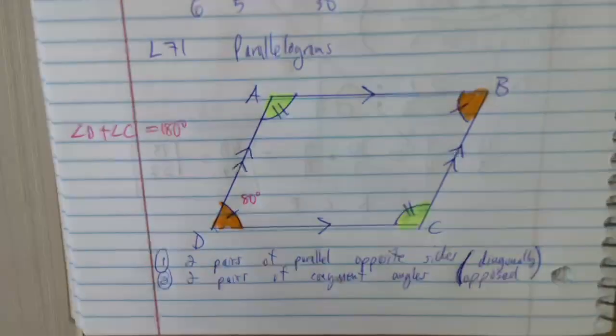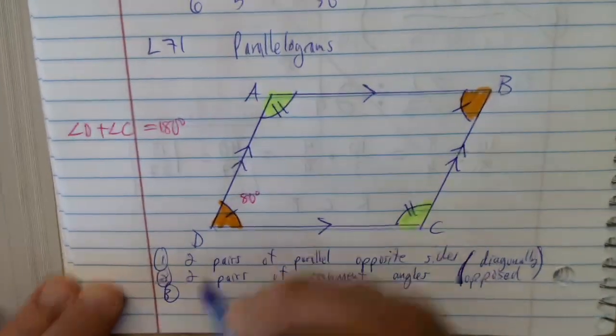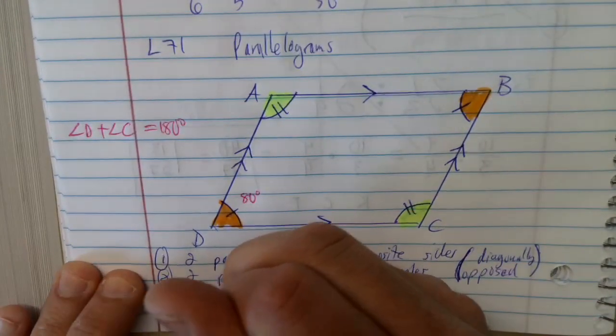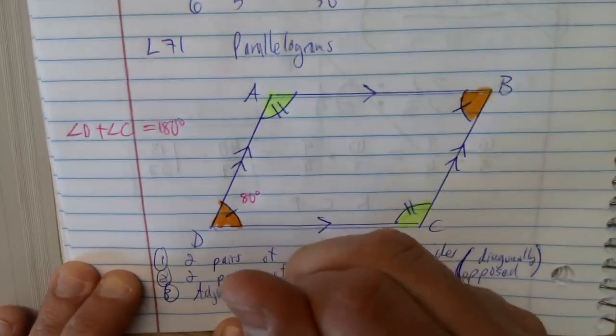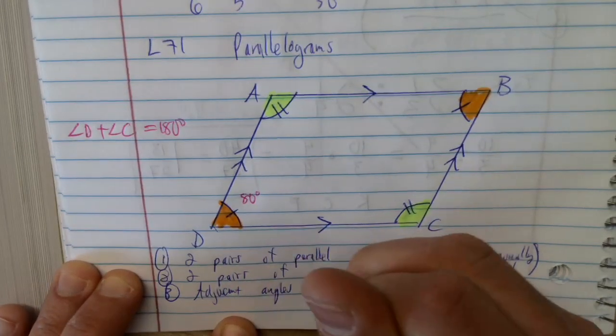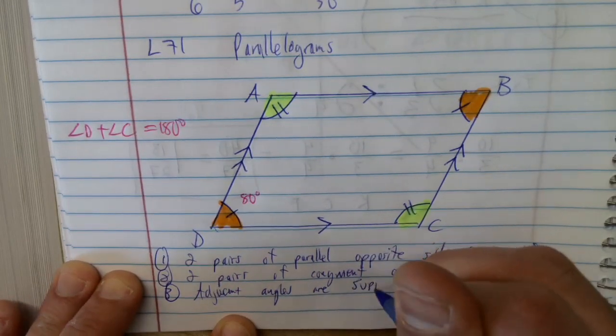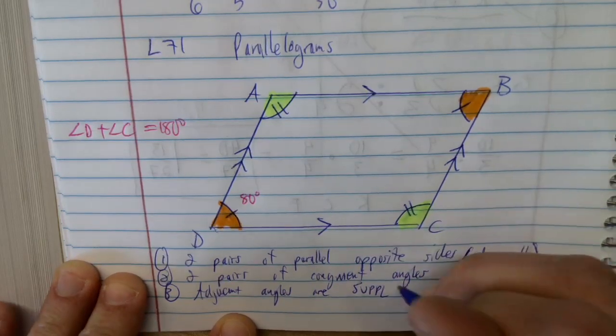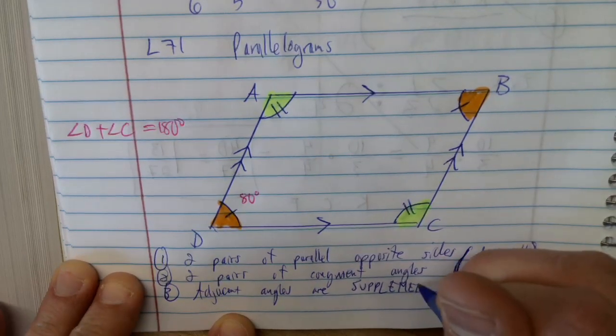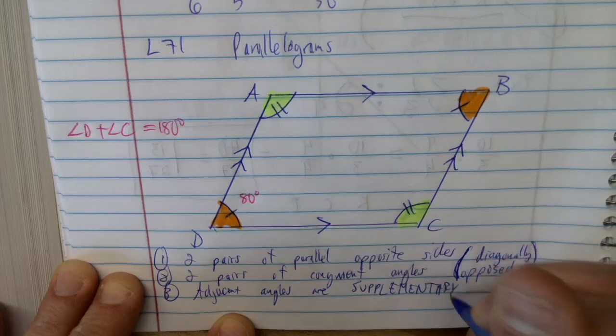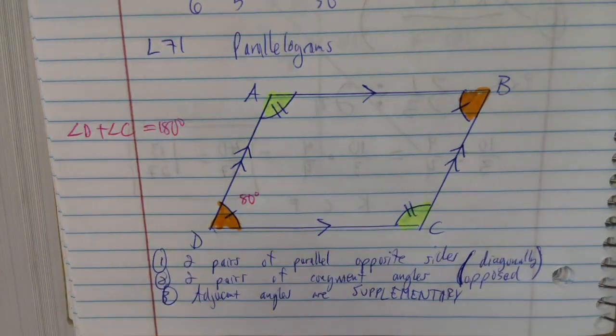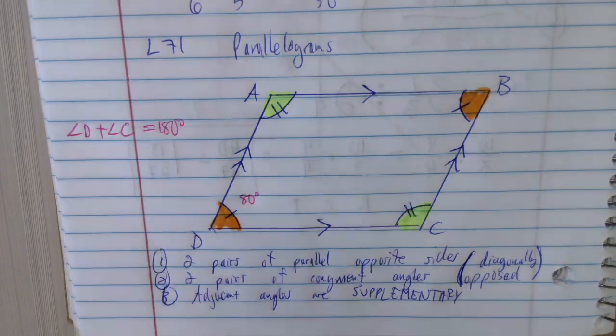You see, the third thing and final that I'm going to have you write down is that adjacent angles are supplementary. And that means, by definition, they add up to what? 180. Good.